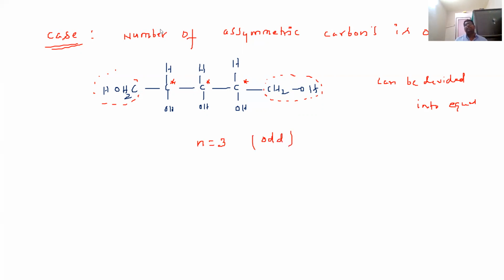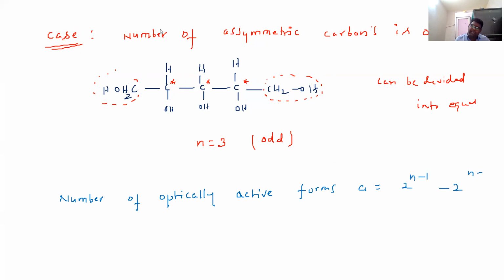What is the formula for the number of optically active forms, the number of mesoforms, and the total number of isomers? The number of optically active forms, A, is equal to 2 power (n minus 1) minus 2 power ((n minus 1) by 2). This is the formula for the total number of optically active forms.